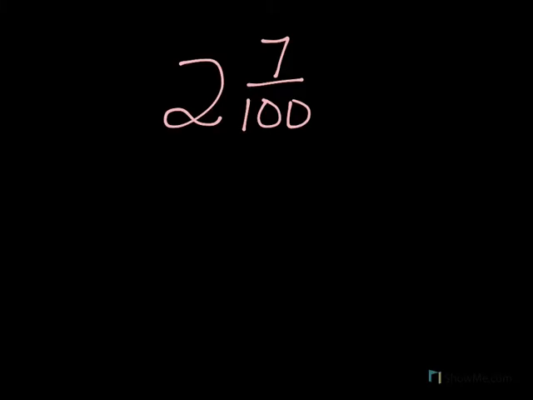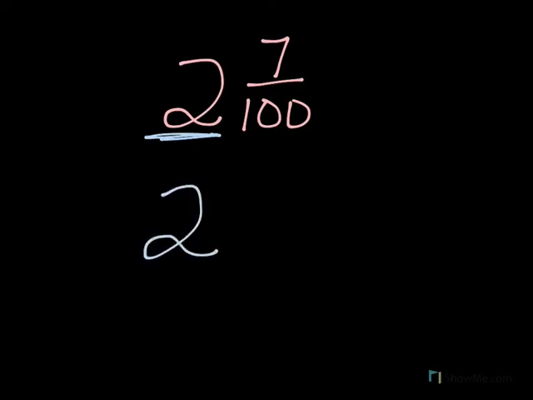Let's do some practices together. In this example, we have 2 7/100. So I'm going to think about my place value chart. And I'm going to have, first of all, 2 wholes.